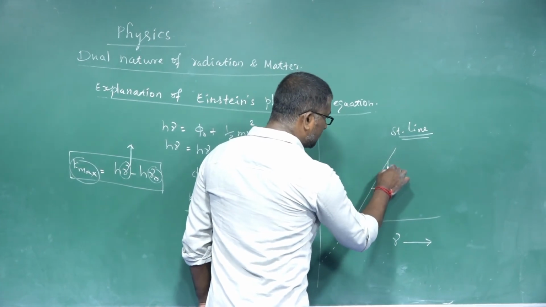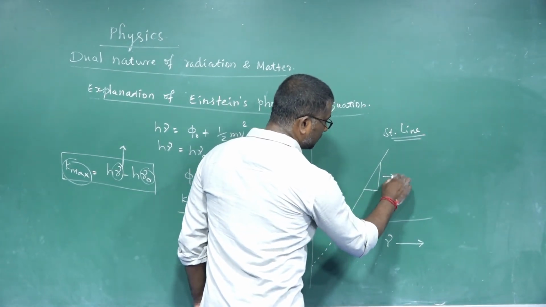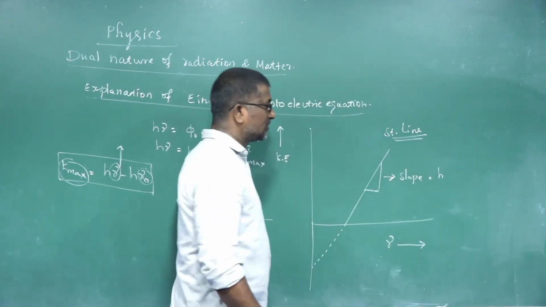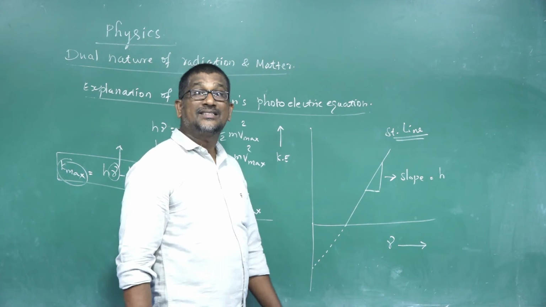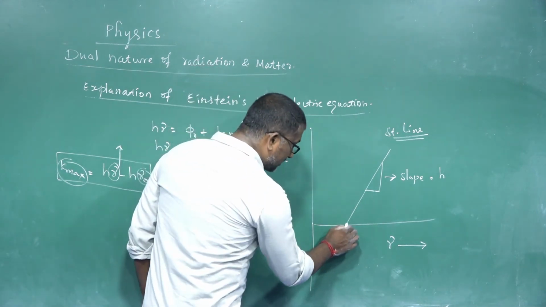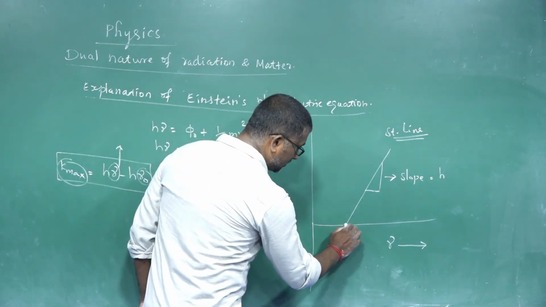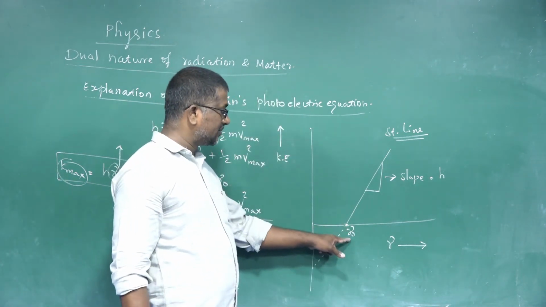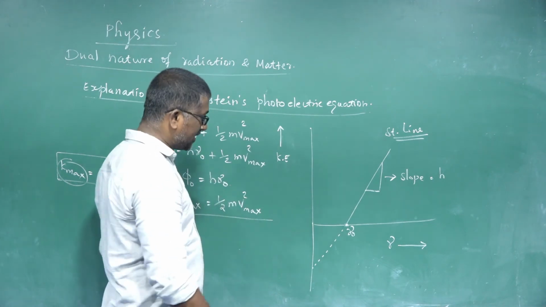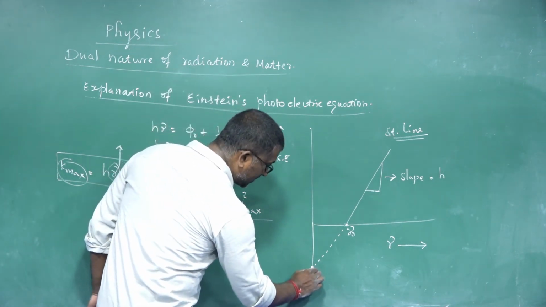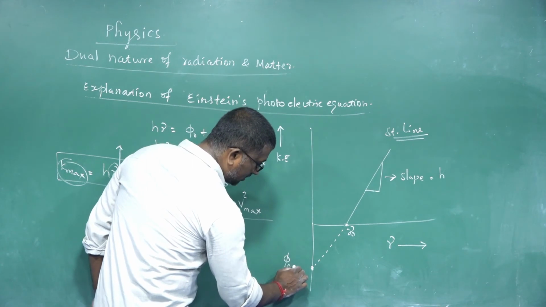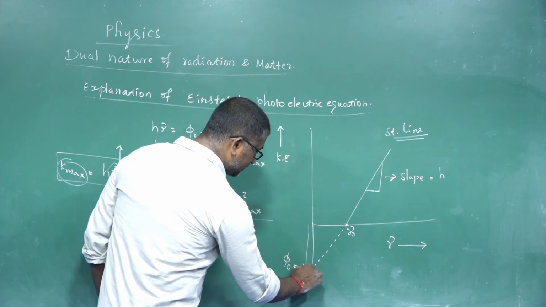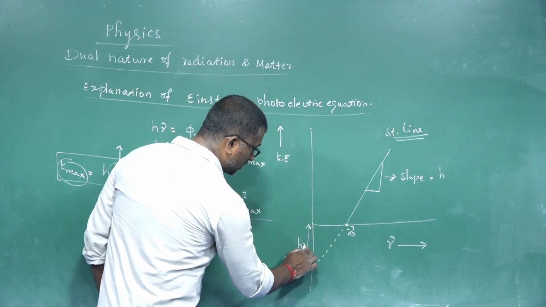The slope of this line gives Planck's constant. Here the x-intercept is equal to the threshold frequency of the incident radiation. And the y-intercept is nothing but the photoelectric work function of the metal, that is, h nu naught.